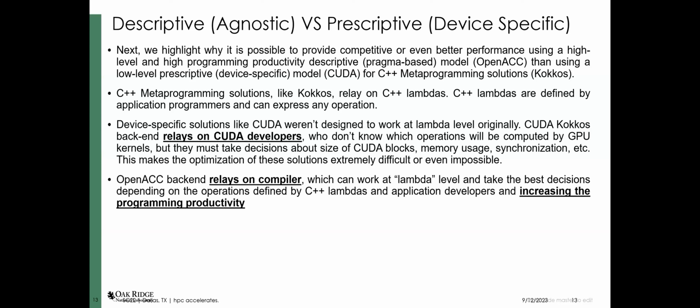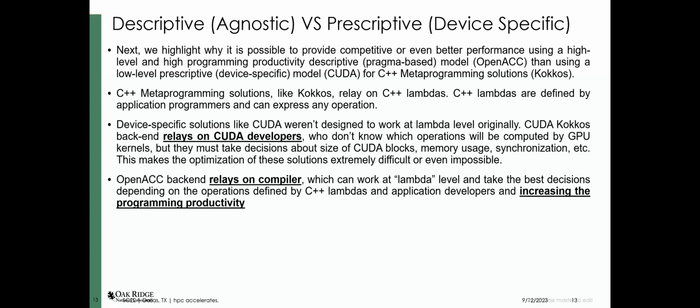Something that the developer cannot know when they are developing the backends, right? So I think that is the conclusion about how OpenACC can help in that direction, in particular for Kokkos, but maybe for other solutions too, right?